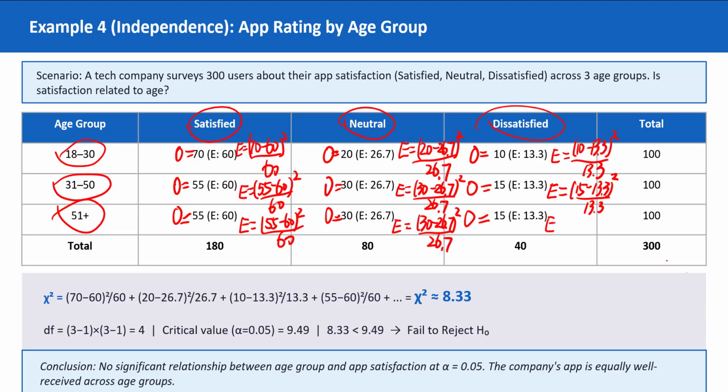The last one is going to be 15 minus 13.3 squared over 13.3. So we add all those 9 results, and we come out with the chi-square test statistic, which is 8.338.